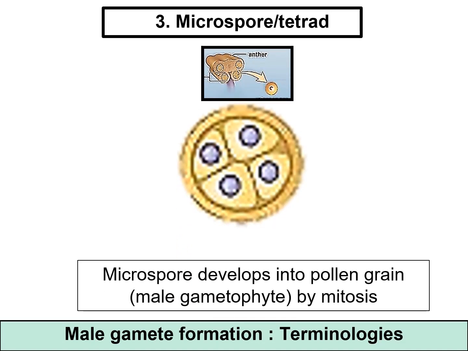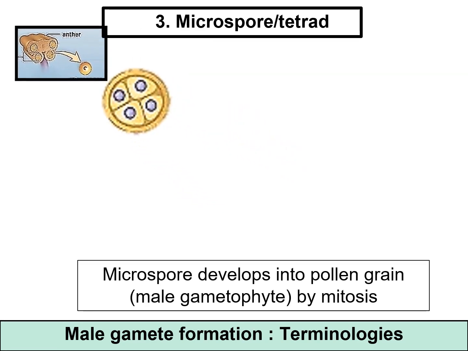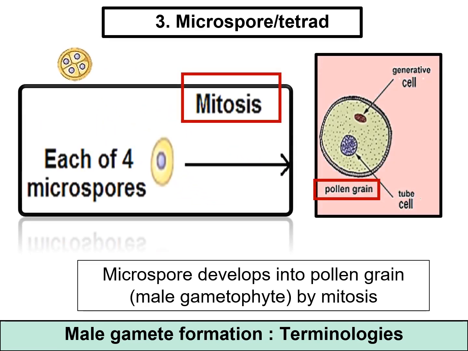The microspore is the next term. Microspore will develop into pollen grains by mitosis. The third terminology is microspore. After mitosis, because mitosis produces two daughter cells, the microspore that undergoes mitosis will produce two types of cells.